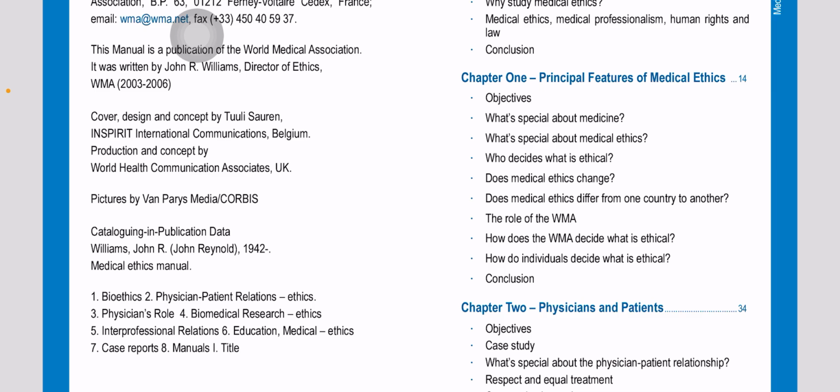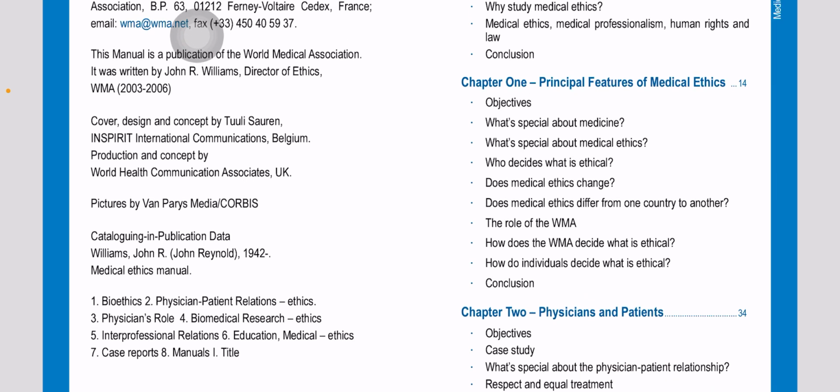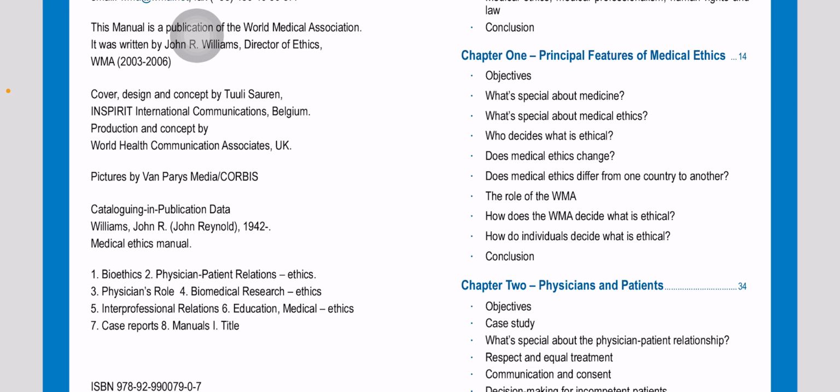The objective of today's discussion is that within the course of our lecture, a medical student would know what is special about medicine. Next, you will learn what is special about medical ethics. Next, who decides what is ethical? Another topic is, does medical ethics change? Is it dynamic?